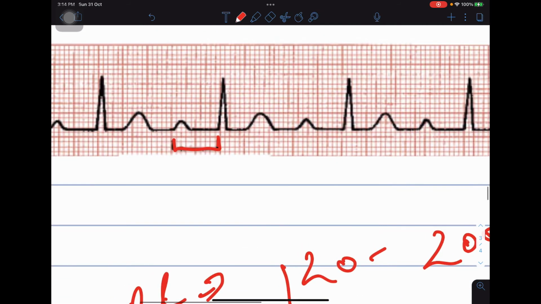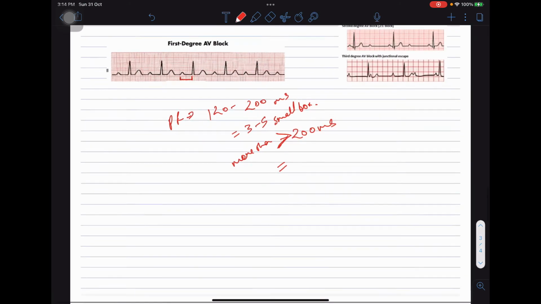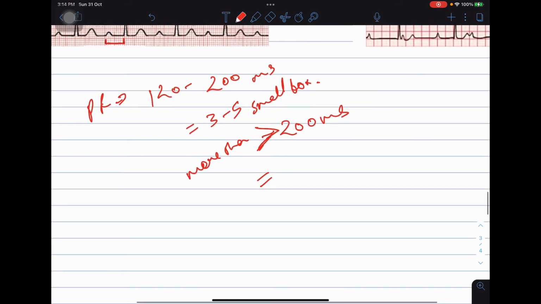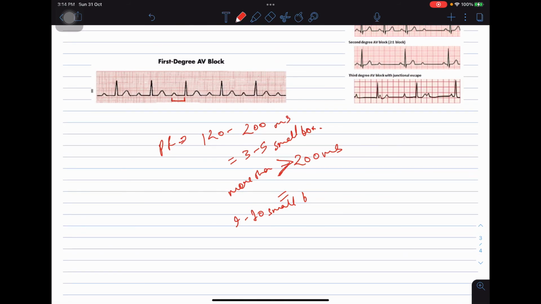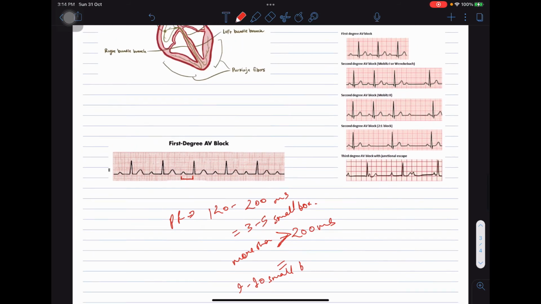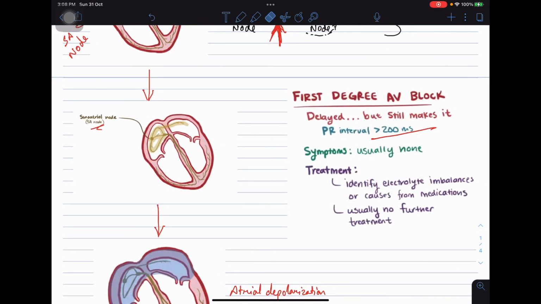If we measure the small boxes, 1, 2, 3, 4, 5, 6, 7, 8, 9, 10, there are around 9 to 10 small boxes in the PR interval, which shows there is a prolongation of the PR interval in the first degree AV block.